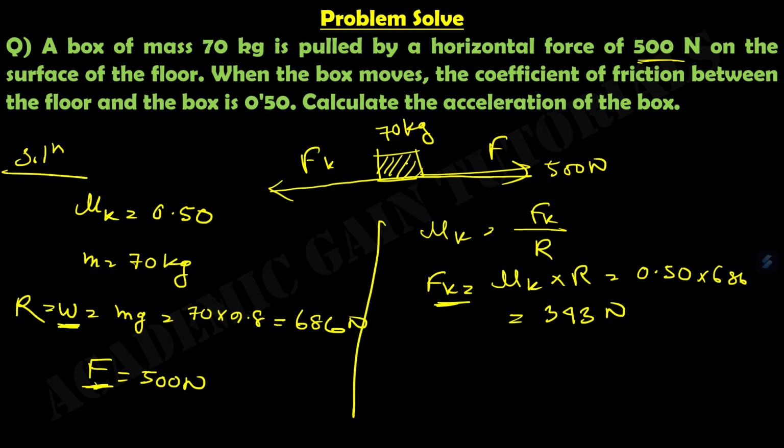If I say the actual force applied to this box is F prime, then F prime equals F minus F of k. We know F equals 500 Newton and the frictional force is 343 Newton. If we calculate this, we get 157 Newton. So the box is moving with a force of 157 Newton.